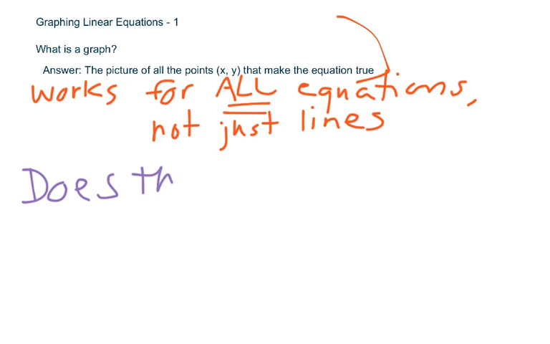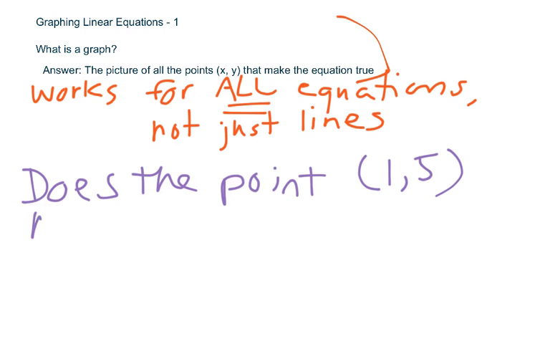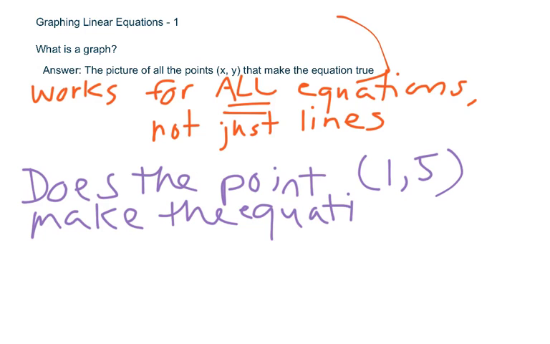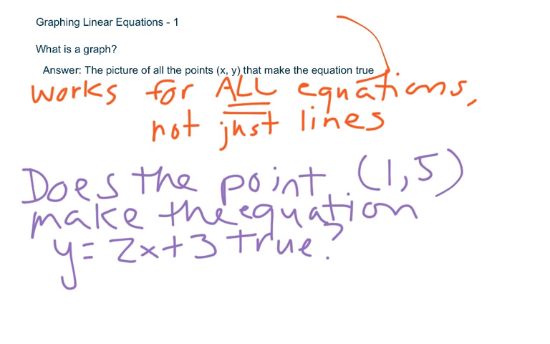Does the point (1, 5) make the equation y = 2x + 3 true? So if you are asked this question, does this point, (1, 5), make this particular equation true?